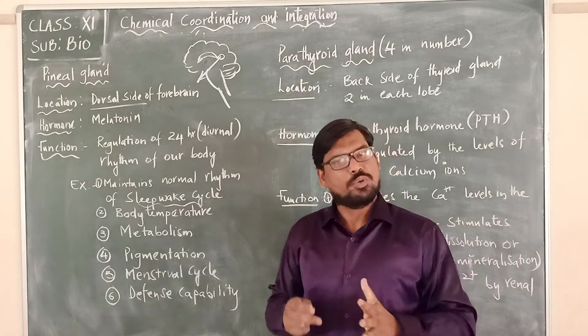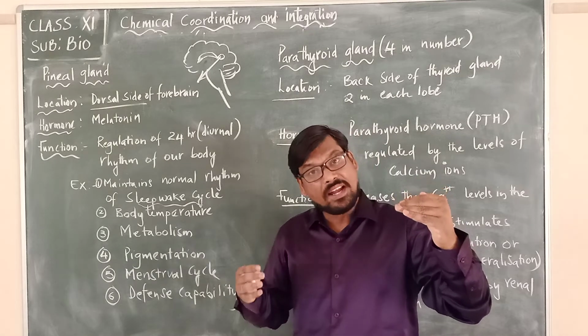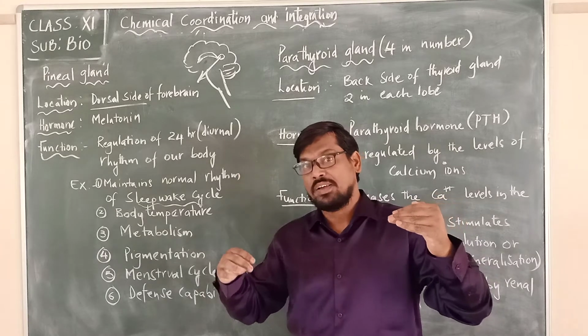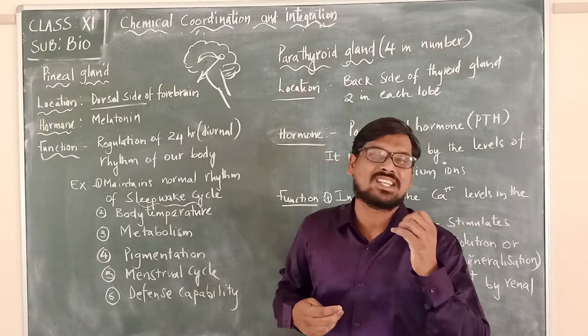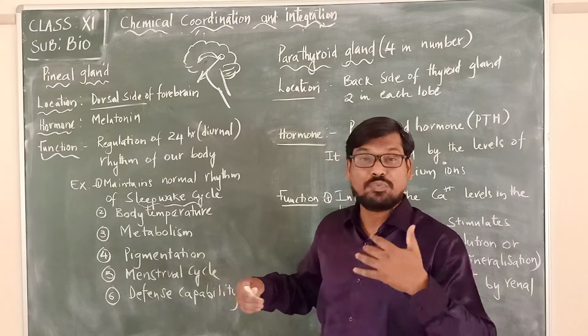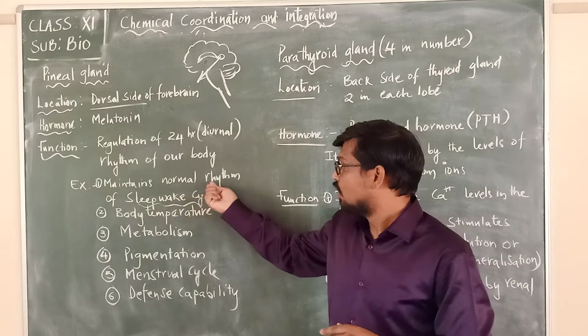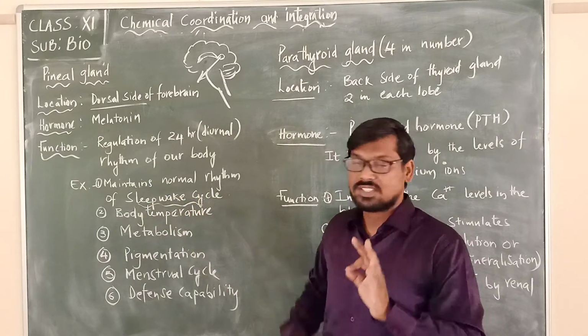During the daytime melatonin is produced in more quantities, and during the evening or night time, as the sun sets, the amount of melatonin decreases and we feel sleepy, we feel like going to sleep. That's why it maintains the normal rhythm of the sleep-wake cycle.